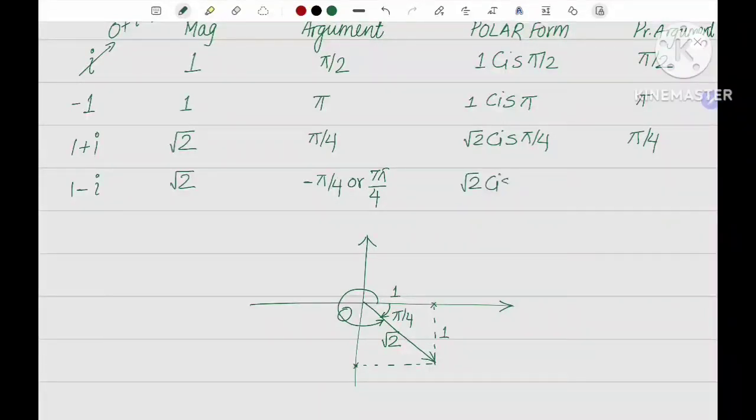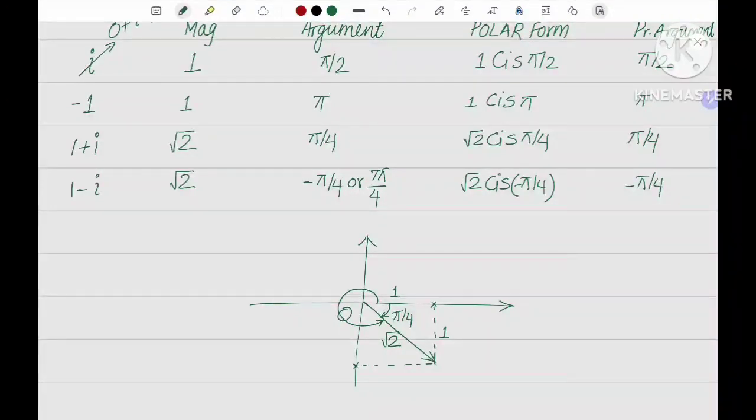Root 2 cis 7 pi by 4 or minus pi by 4, same thing. But principal argument now cannot be 7 pi by 4, because once you are measuring this, you have crossed the real axis. You should not cross the real axis while measuring the principal argument. So principal argument can only be minus pi by 4.